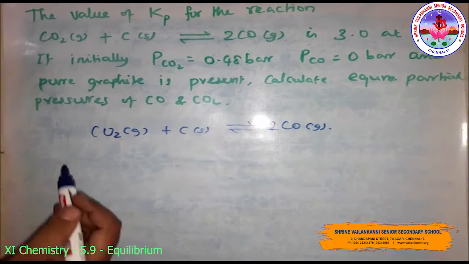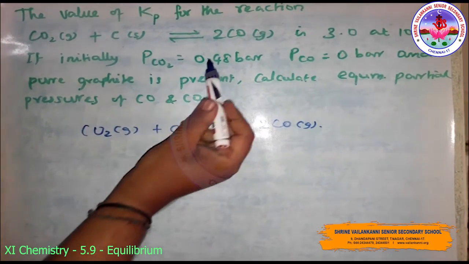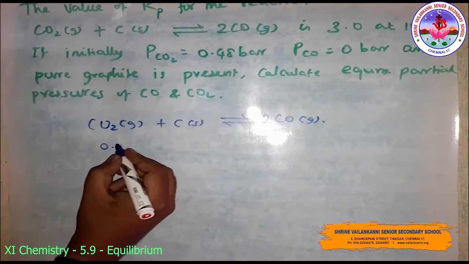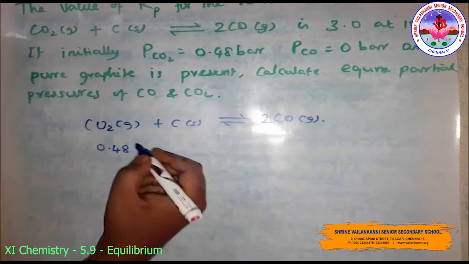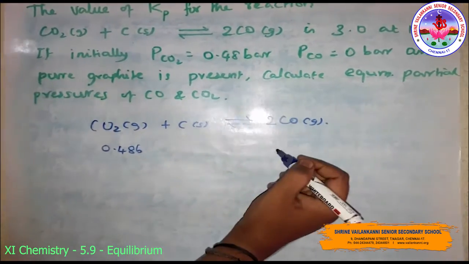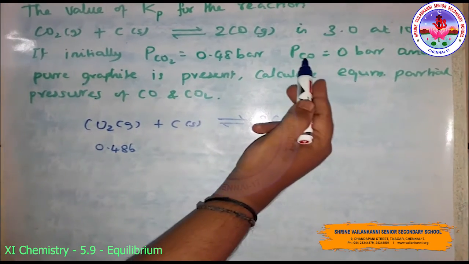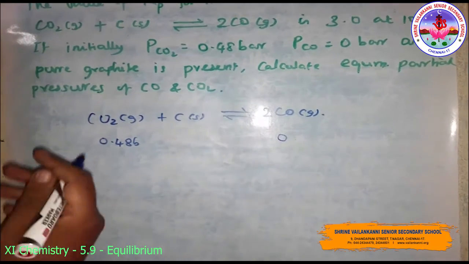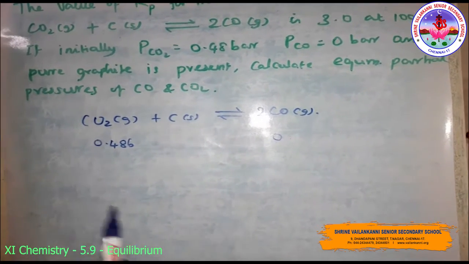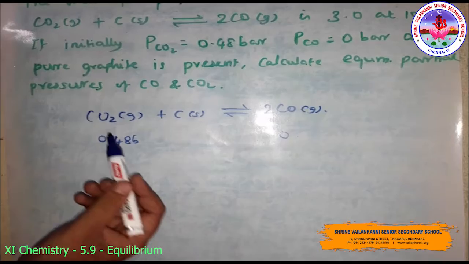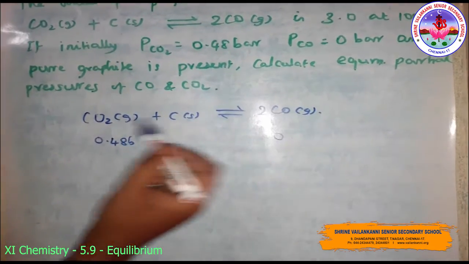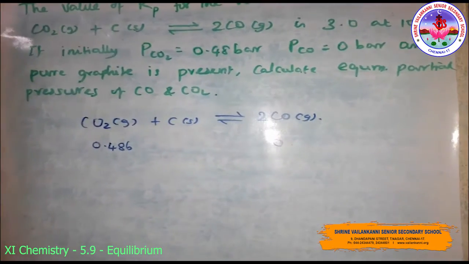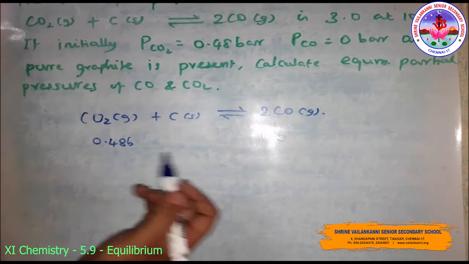So here the initial pressure of CO2 is what? 0.48 bar. Then finally carbon monoxide is what? 0. So here the pressure of carbon dioxide is decreasing to form carbon monoxide. So this is the initial pressure.